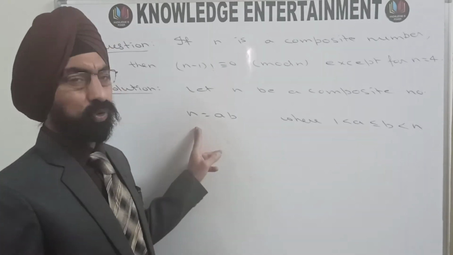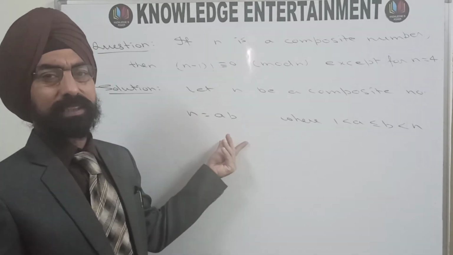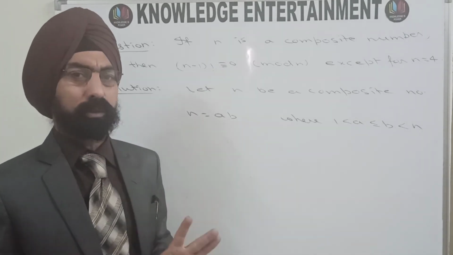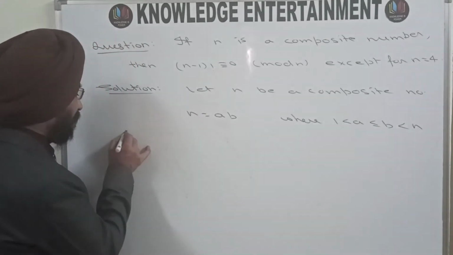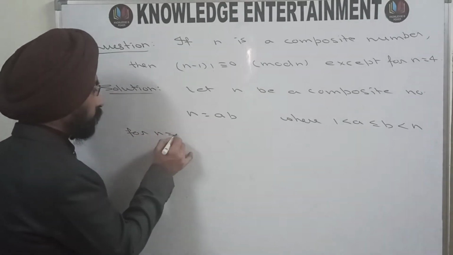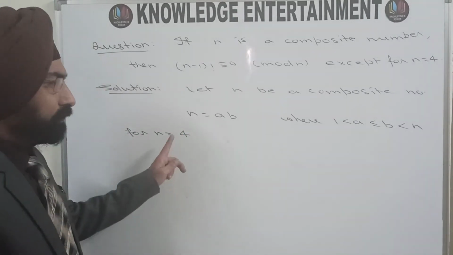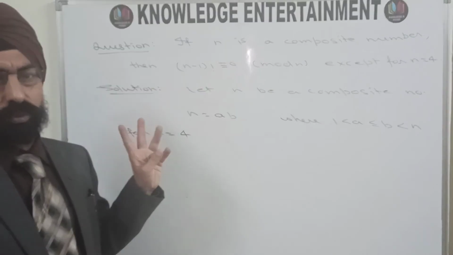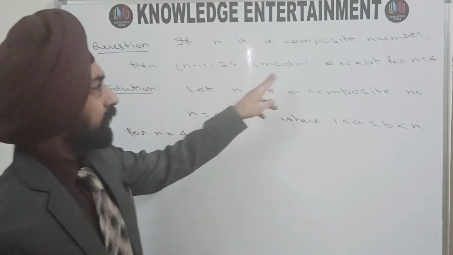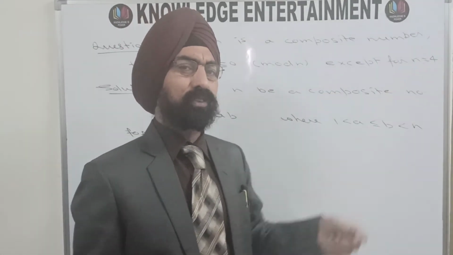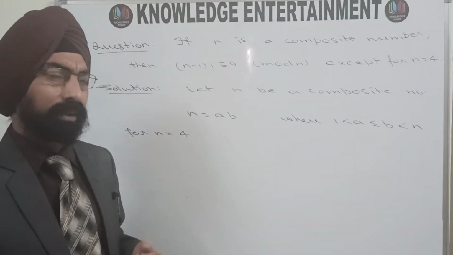In case n is equal to 4, what are these two factors? These are 2 and 2. That is the only possibility. For n is equal to 4, we have to show that this result is not true, because we have to prove this result except for n is equal to 4. That means for n is equal to 4 the result does not hold.